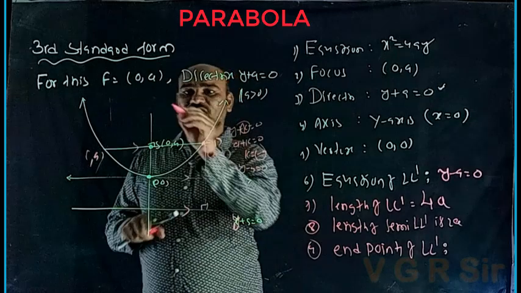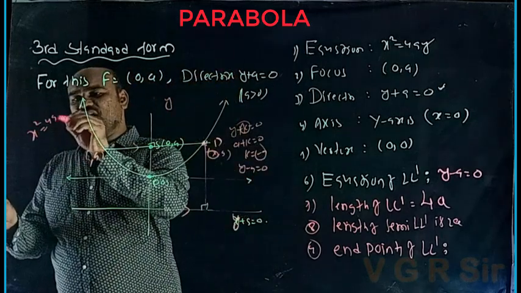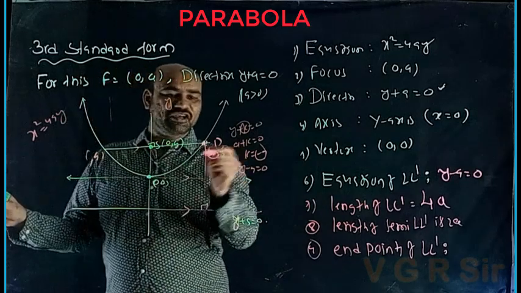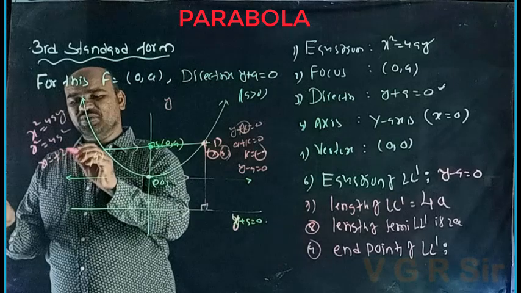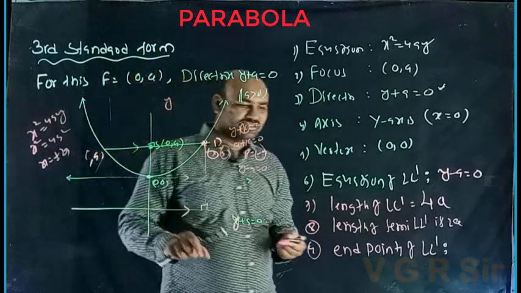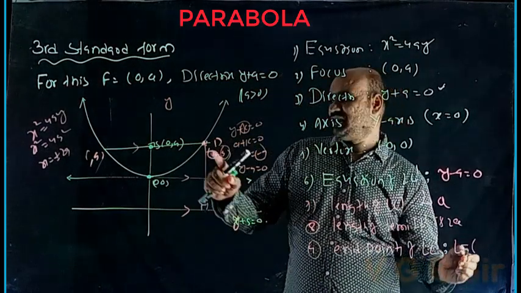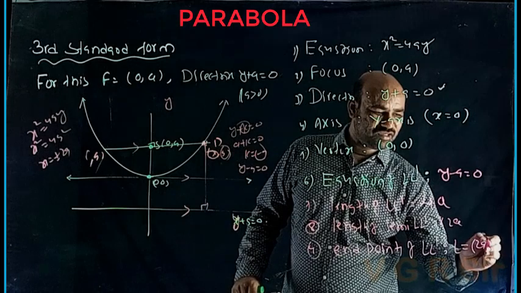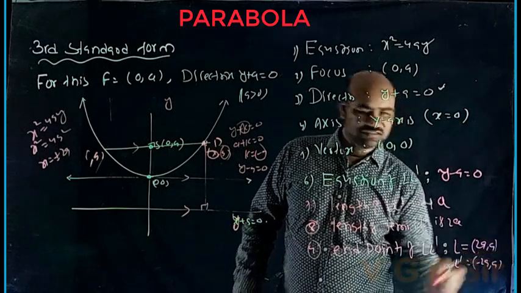So in the equation x square equal to 4ay, instead of y you write a, so x square equal to 4a square, x equal to plus or minus 2a. So this is 2a comma a and minus 2a comma a. So L is 2a comma a, L dash is minus 2a comma a.